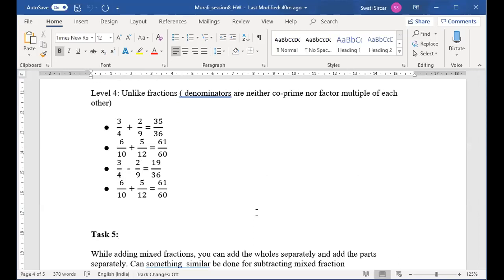If they are not co-prime, then they need to have a common factor other than 1. Do 4 and 9 have a common factor other than 1? No. Yeah, so that part wasn't correct, okay.